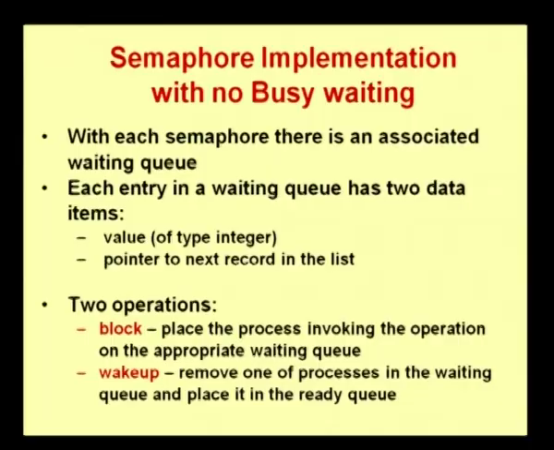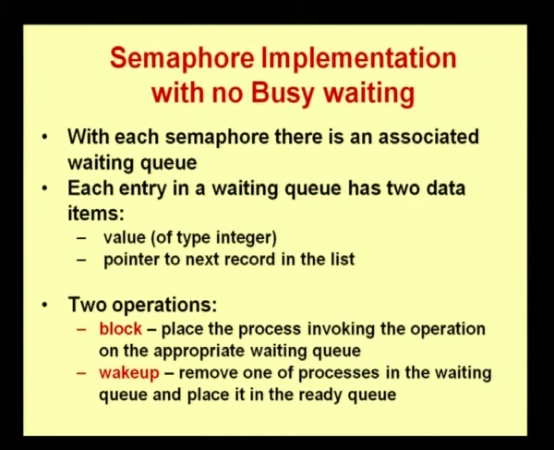Supposing there are two processes P1 and P2, and P1 gets executed, then P2 should know the execution time of P1, so that after P1 completes its execution, P2 could enter the critical section. That is what is required, and this is allocated with an integer value. The second one is a pointer.